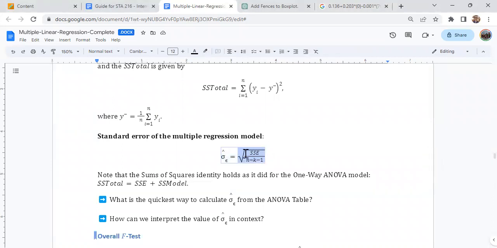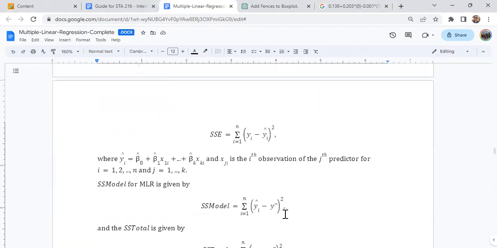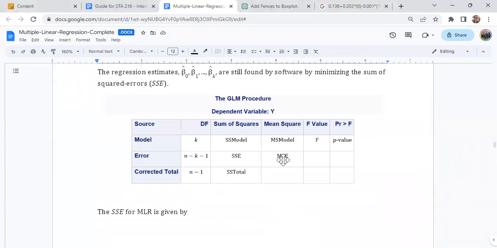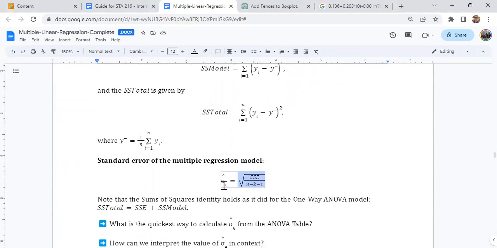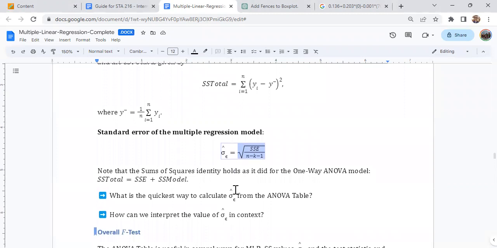That's always equal to the square root of SSE over the error degrees of freedom. That's actually the same as the square root of MSE, because MSE is equal to SSE divided by error degrees of freedom. So that's the quickest way to calculate it from the ANOVA table.